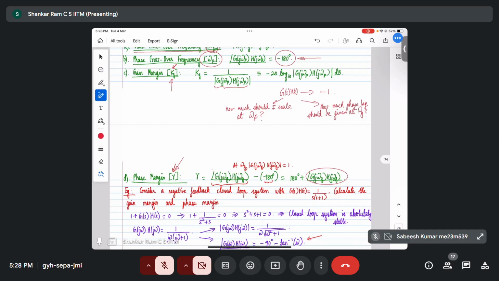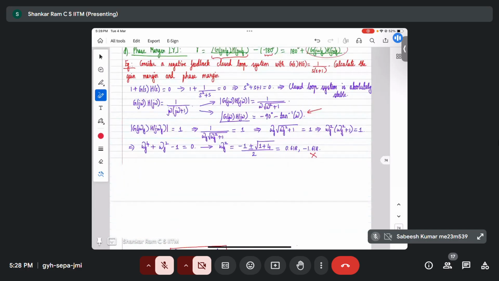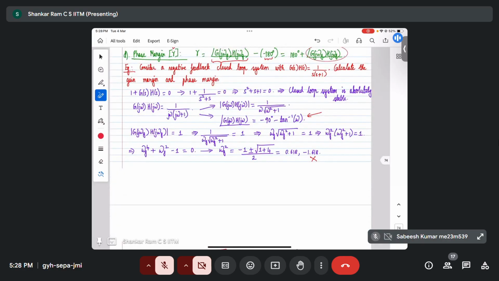All right. So let's do an example so that we can understand it better. Suppose we consider the system with an open loop transfer function 1 divided by s times (s plus 1). Then, if you and I calculate the closed loop characteristic equation, this is it, right?